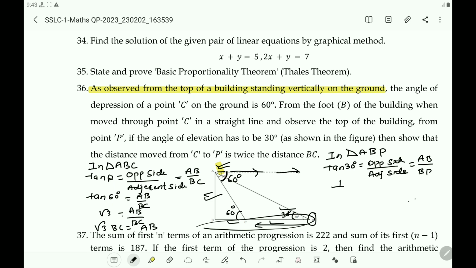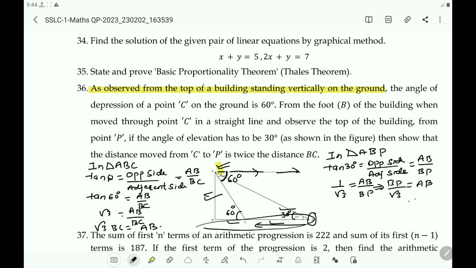Tan 30 degree is 1 by root 3, which is equal to AB by BP. So you will get, that implies, do the cross multiplication, BP equals root 3 AB, or you write BP by root 3 is equal to AB.